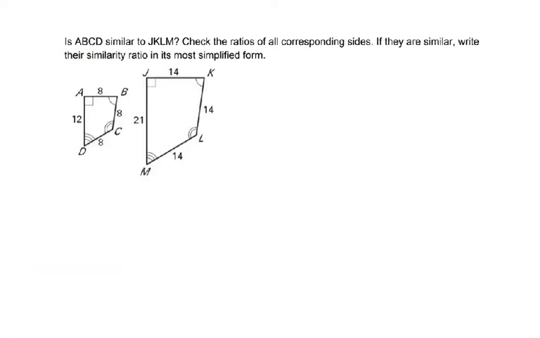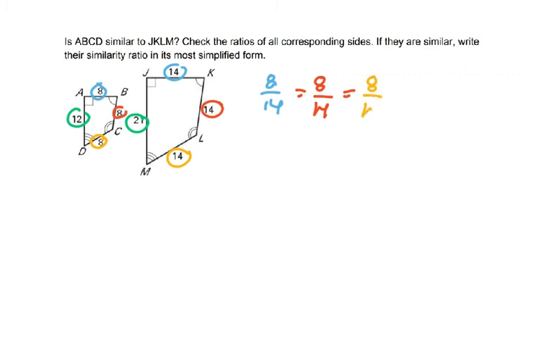Now, we're being asked, is ABCD similar to JKLM? So we're going to check. These match up. These match up. These match up. These match up. And we're going to reduce them all to make sure they're the same. So 8 over 14 equals 8 over 14 equals 8 over 14 equals 12 over 21.